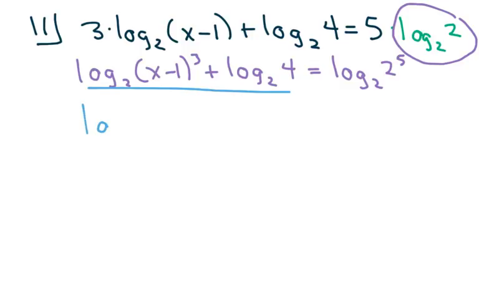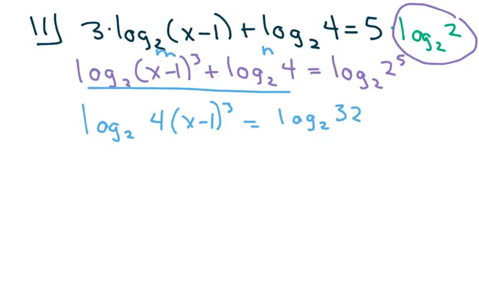I'm going to write this as log base 2 of, this is like your m and your n. That means we can multiply these. 4 times x minus 1 cubed equals, so I just put these two together, log base 2 of 32.